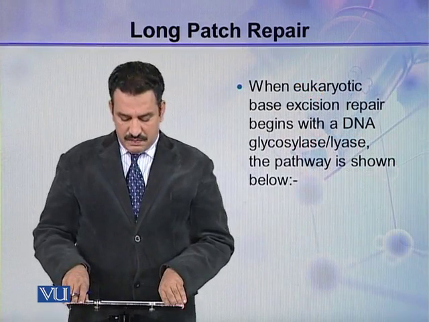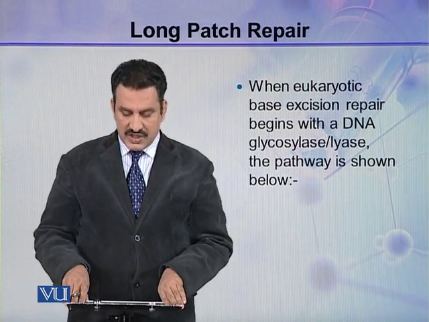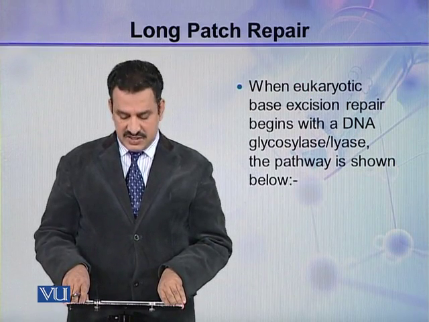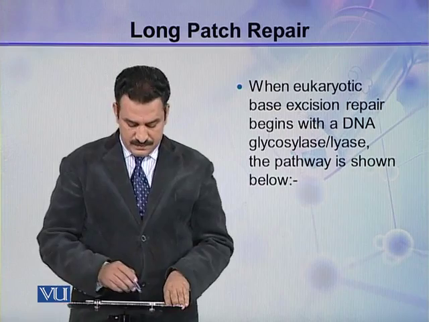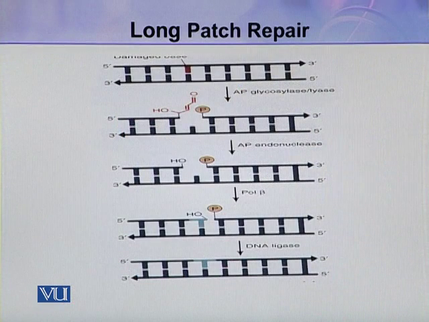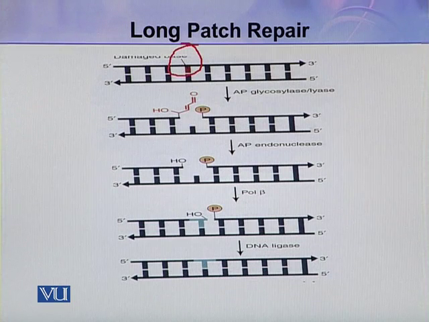When eukaryotic base excision repair begins with a DNA glycosylase lyase, the pathway is shown below. So this is the pathway in eukaryotes where the repair has been started by a DNA glycosylase lyase enzyme. Here you can see this is the damaged base, and the base is excised by the glycosylase lyase, and because it has dual function, a nick has also been introduced here.